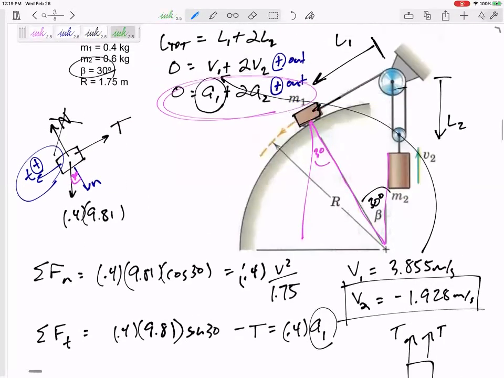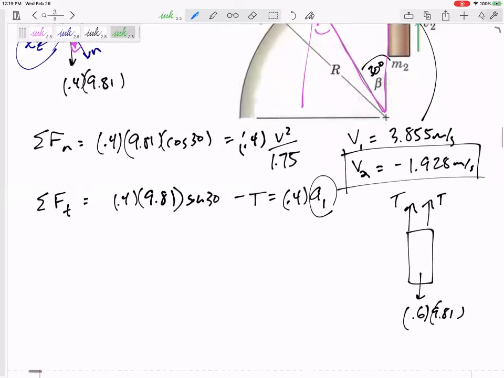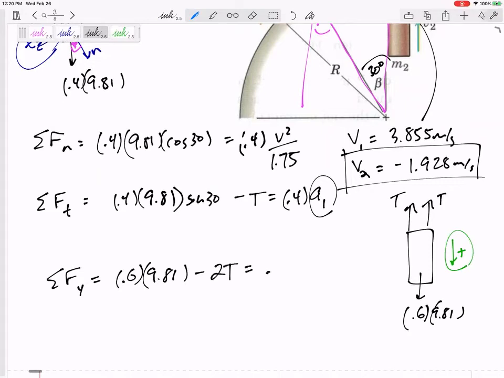I want this A2 to agree with the acceleration as I sum the forces equals mass times acceleration, so I'm going to choose positive down. Summing the forces in the y direction, positive down: 0.6 times 9.81 minus 2T equals mass times acceleration A2.